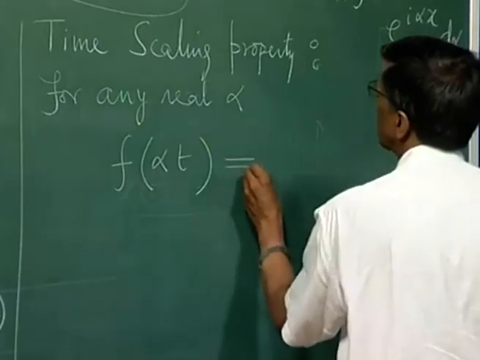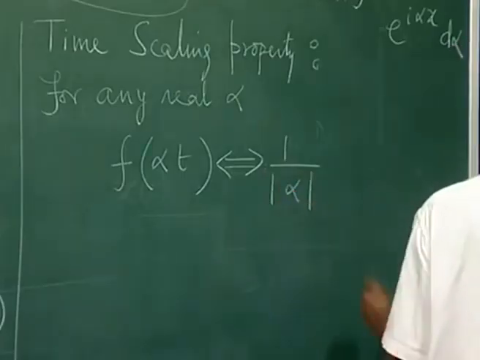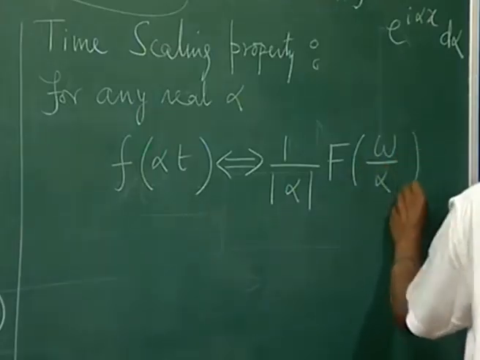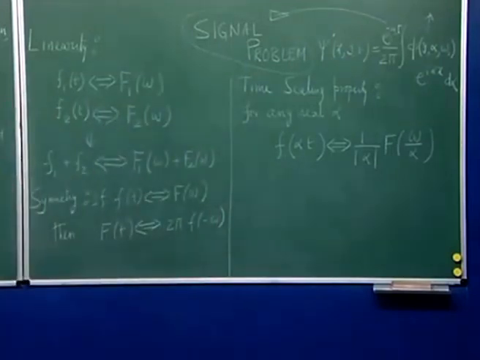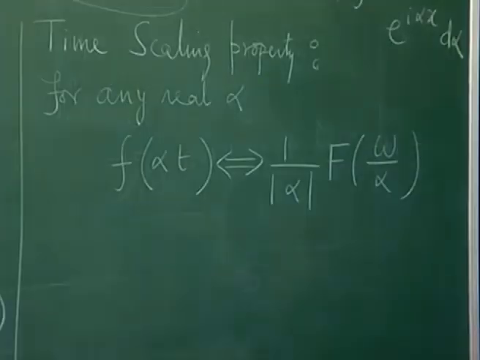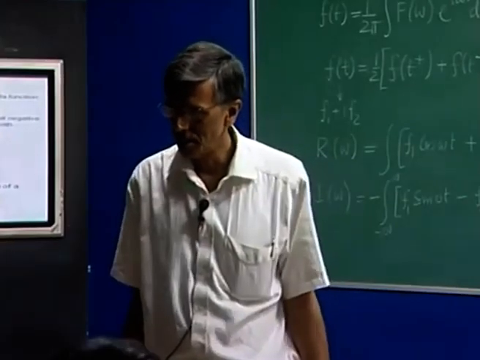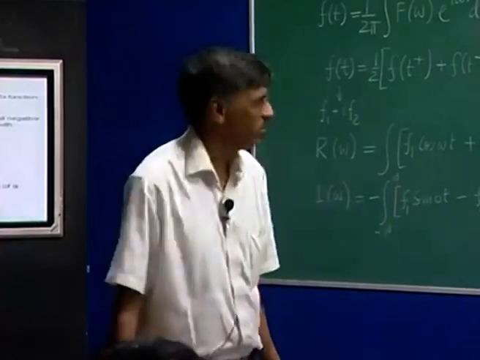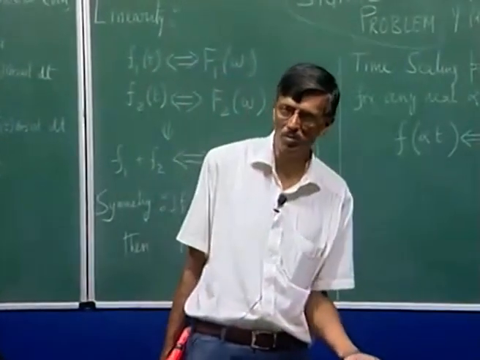Its Fourier transform would be given by this. So, this time scaling property is a very interesting thing. What it says is that if you have a function which is stretched in the time plane, in the frequency plane it is squeezed, right. So, that is what we already know from the properties of Fourier transform.